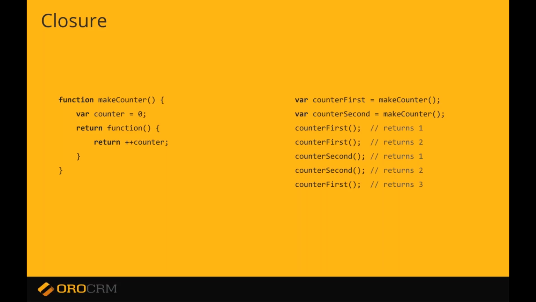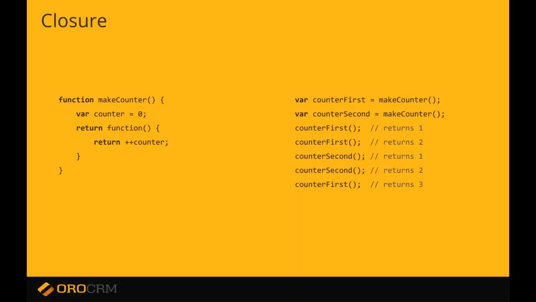Closure. Also, in JavaScript, let's go from PHP, into the anonymous function in PHP. We have to use the reserved word use, and after use we define what variables we want to use inside of the function from parent scope. In JavaScript, we don't need to do that.